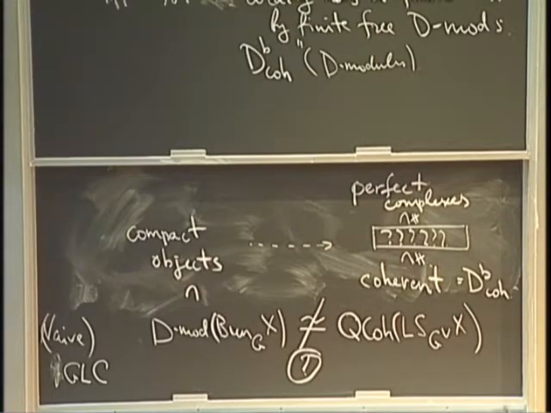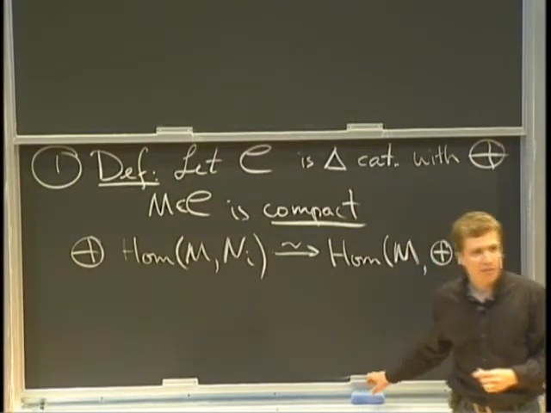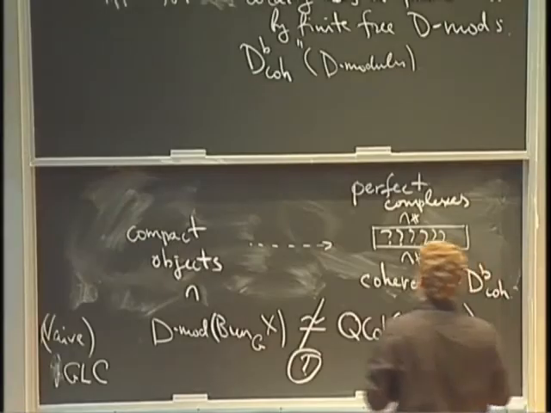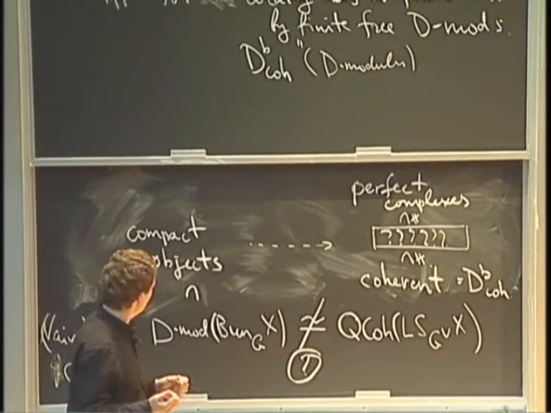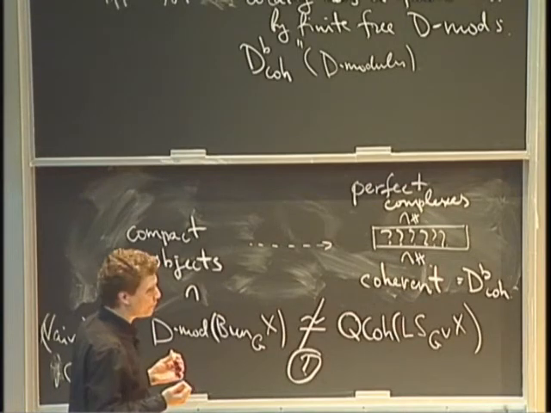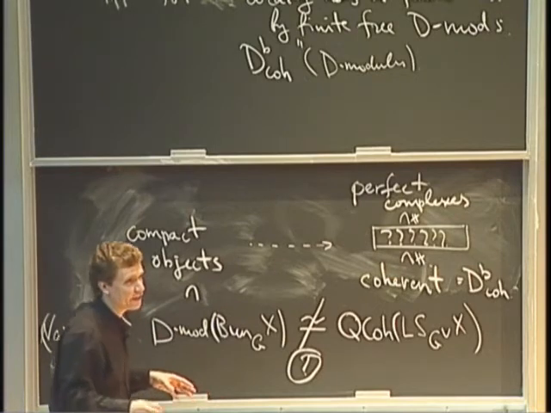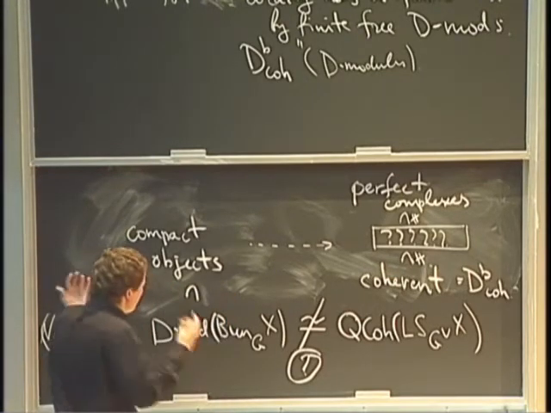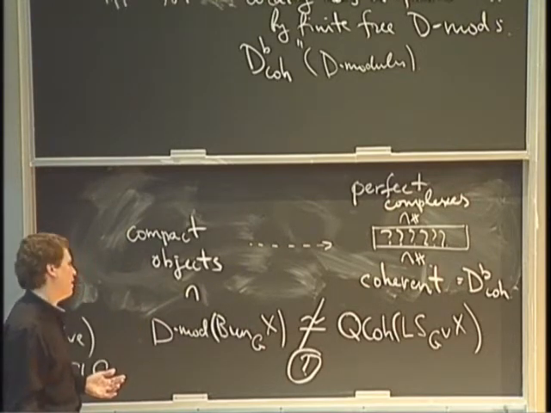Whatever goes in that box, will it be equivalent to compact objects on the left? You want it to be equivalent. Well, if you prove that whatever is in this box is equivalent to compact objects on the left, that will prove the geometric Langlands conjecture, because both these categories are compactly generated. Because of the formalism in this categorical world, we have a choice.